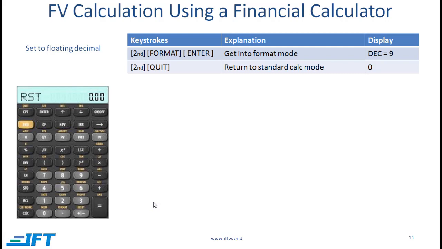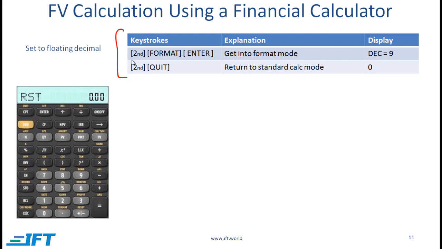Let us now learn how to use the financial calculator, and then we will do a future value calculation using the calculator. The first time you use your calculator, and we'll talk here about the Texas Instruments BA2 Plus, you need to set the floating decimal. What that means is, when you set to floating decimal, the calculator automatically gives you the appropriate number of decimal places.